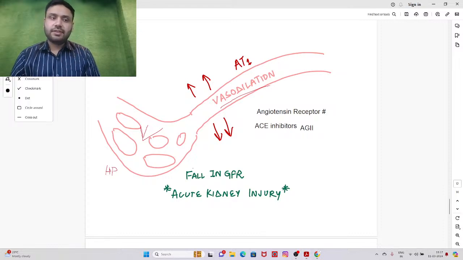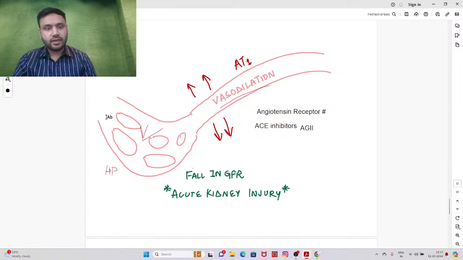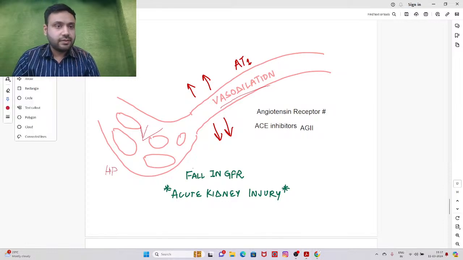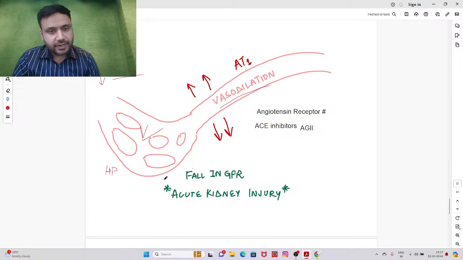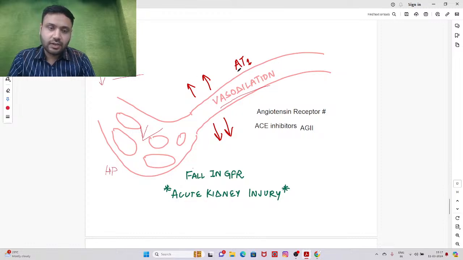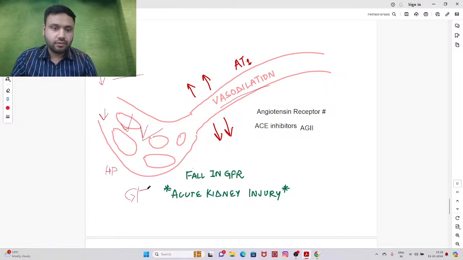However, the effect is not always beneficial. Why? If the blood supply coming from this side is already low, the pressure within here is already low. If we vasodilate this area, the pressure becomes so low that the GFR falls.